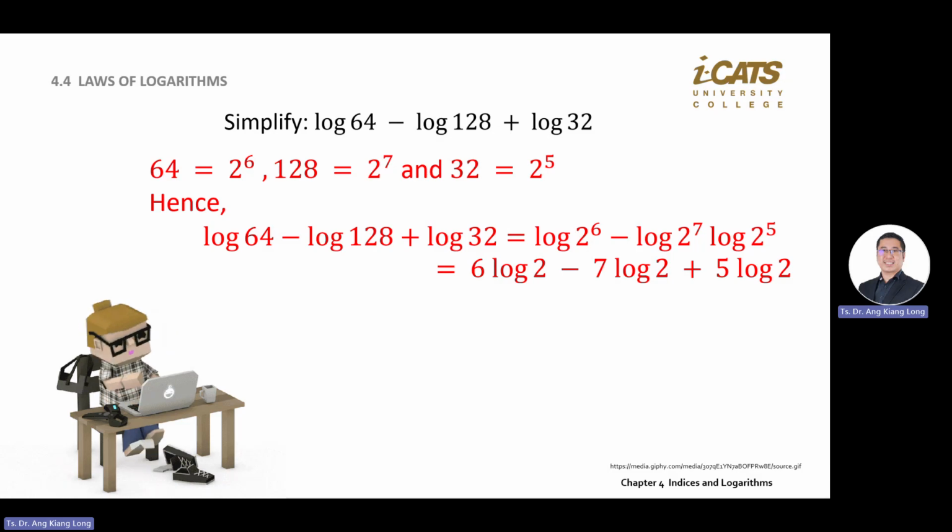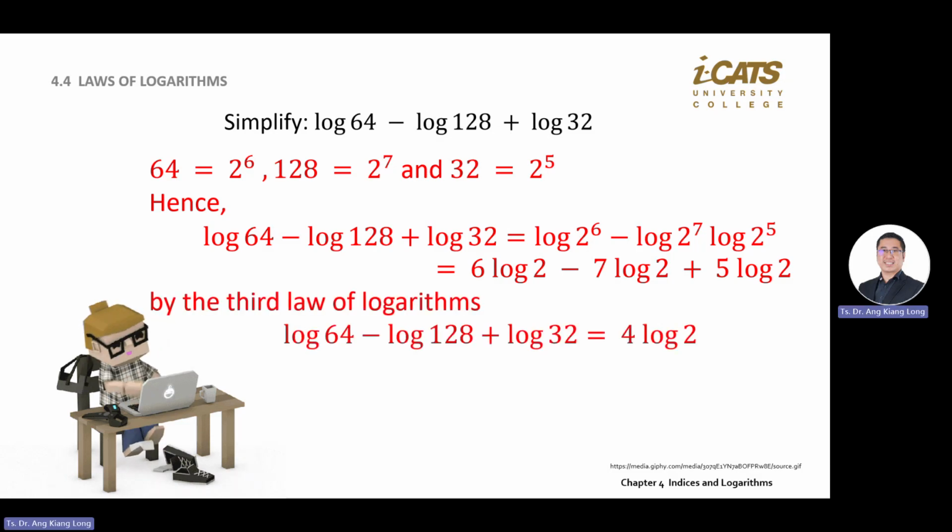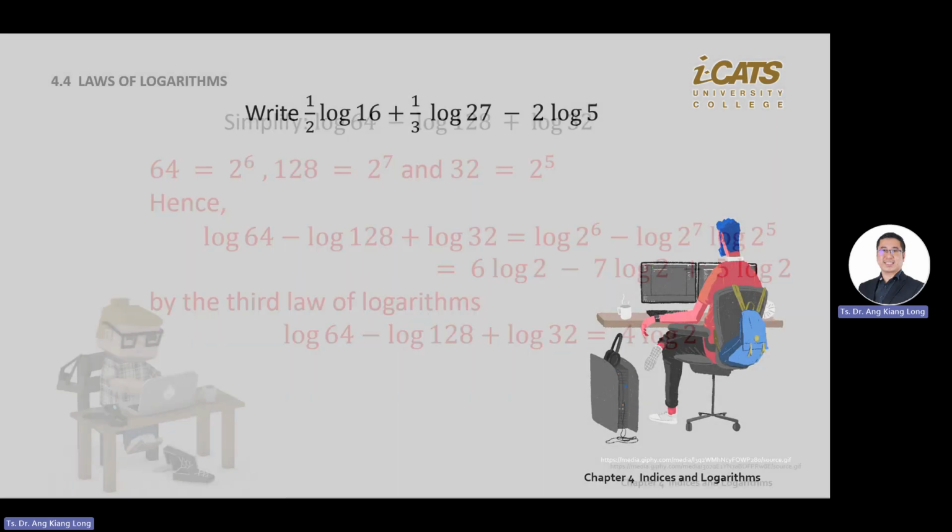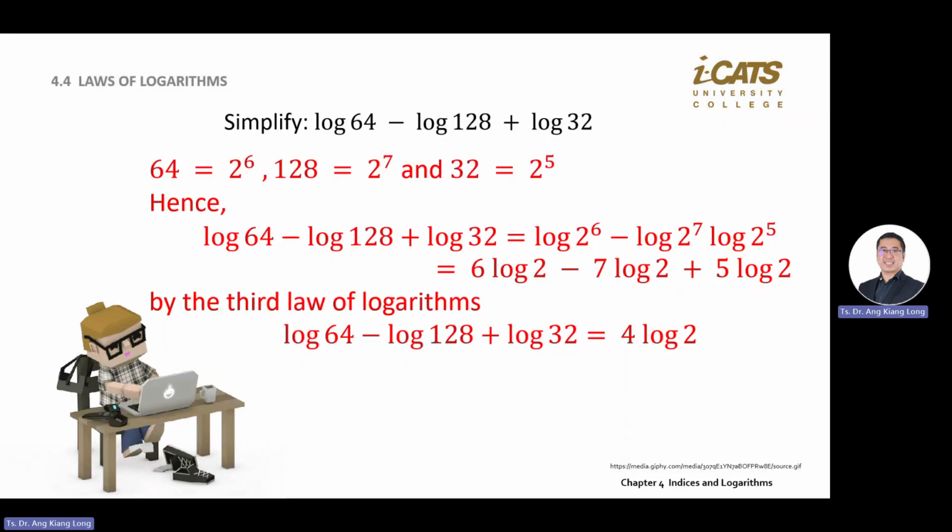The rest is just to multiply. So 6 minus 7 minus 1 plus 5 is 4. So 4 log 2, you can stop here. It asks you to simplify. But if it asks you to solve, it means you need the final number. What is the number?